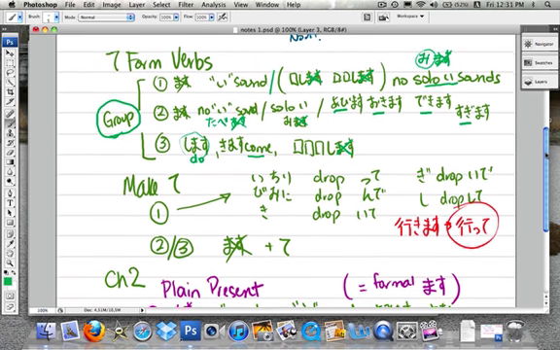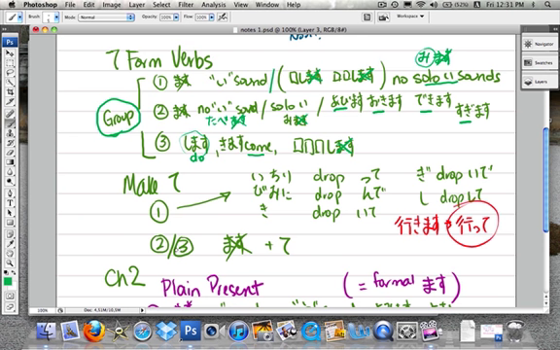Now, to make the te, group 2 and 3 are extremely easy to put into te form. Drop the masu and add te. That's all you need to do. For group ones, you just have to put the ending on based upon what kind of i sound you have. So if you have an chi or ri, you drop these and you tack small tsu te onto what's left of the verb.